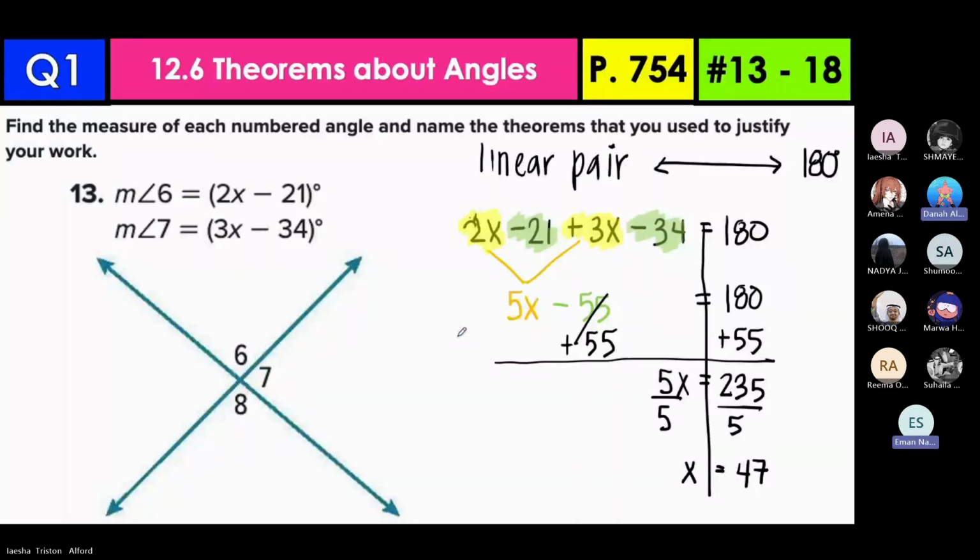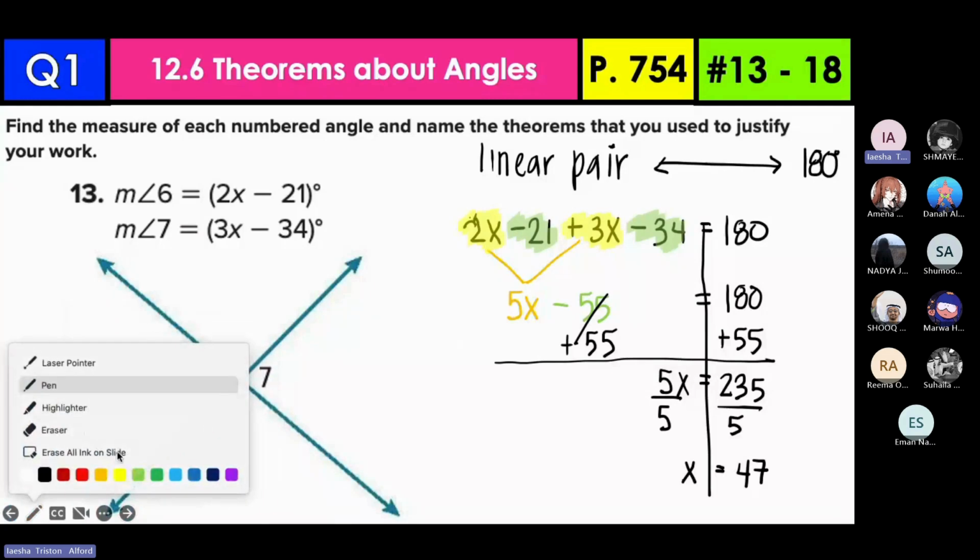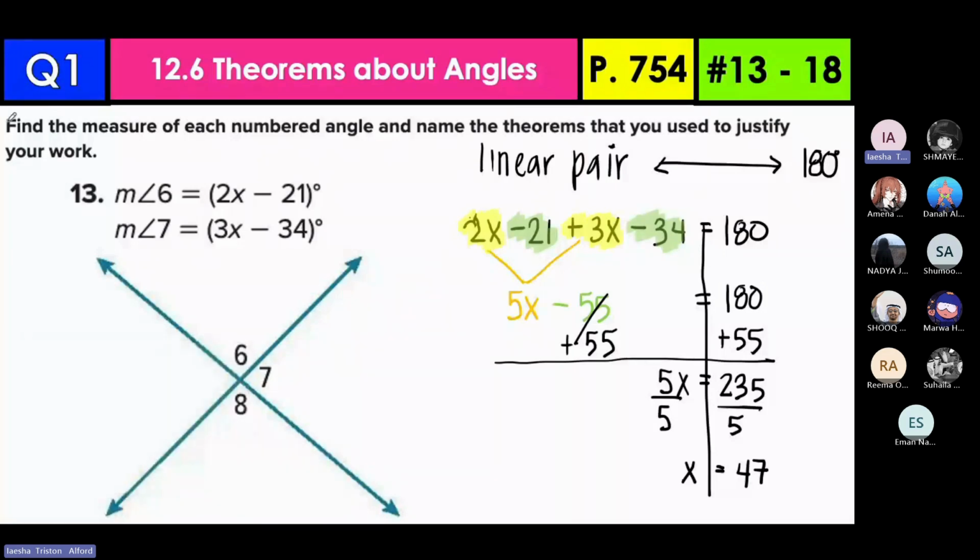The question, what does it want from you? Find the measure of angle 6 and 7. It wants the measure, yeah? So in this exam, if you want to bring a good mark, be careful about what it is that they want from you. It says here to find the measure. It doesn't say they want X, they want the measure. So how do you find the measure? 2x subtract 21. You're not writing X, put parentheses.